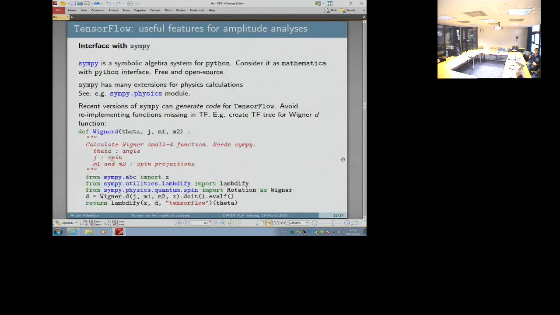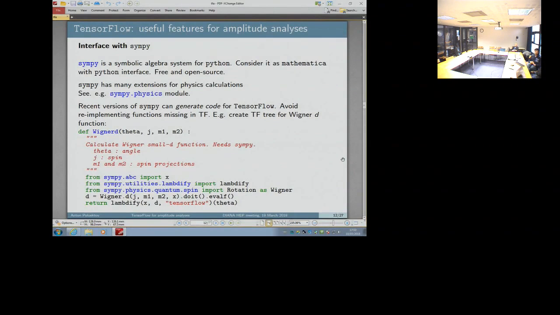So finally, a useful feature that allows us to avoid basically rewriting from scratch some of the mathematical functions that are not there in TensorFlow is the interface with SymPy.